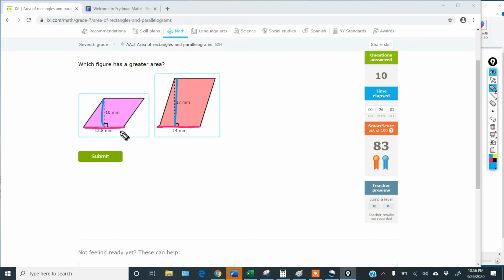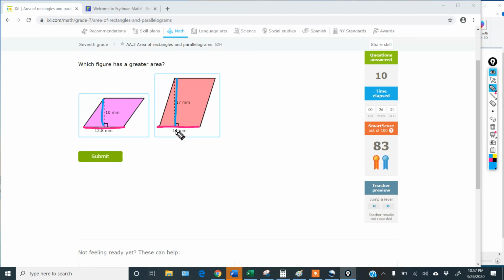So we have two bases which are almost the same getting multiplied by two heights where this number is much bigger than this number. That tells me that after I do that, the area for this one would be bigger than the area for that one, right? Oh, in fact, it has to be bigger because both numbers are bigger.